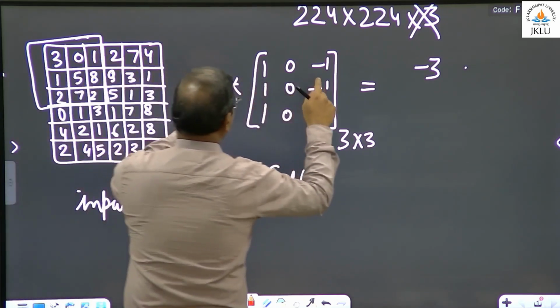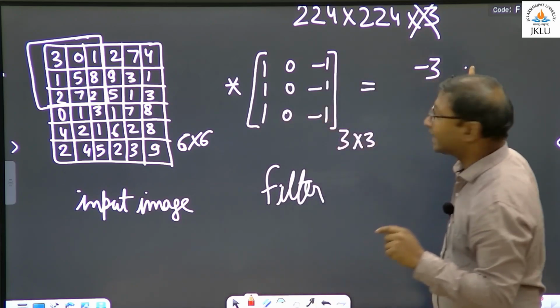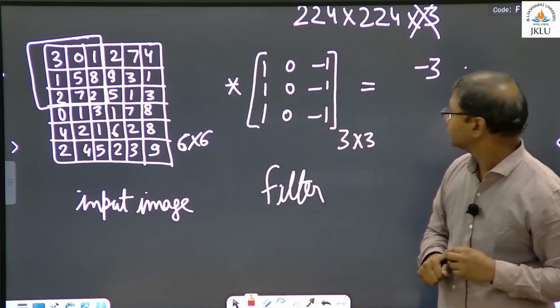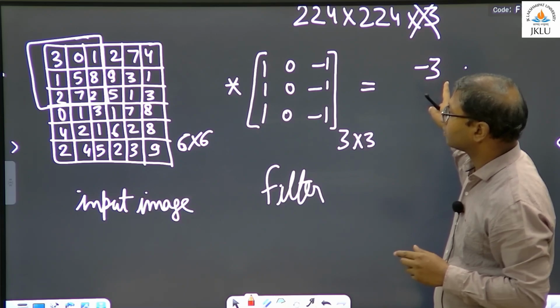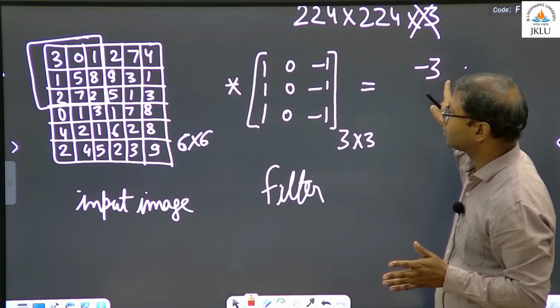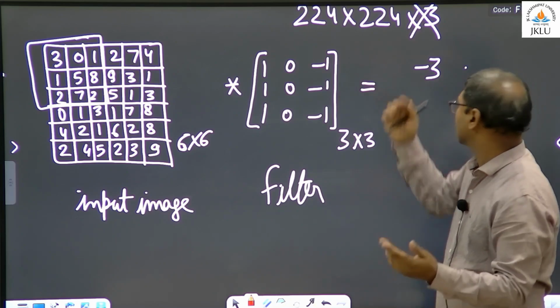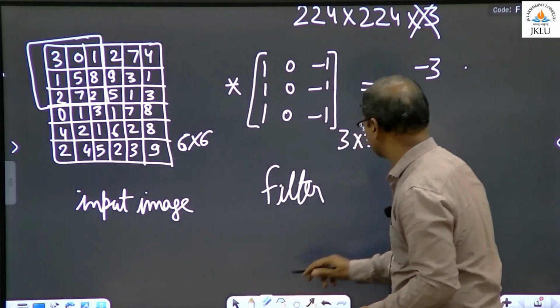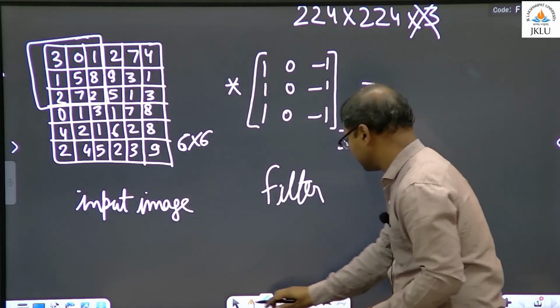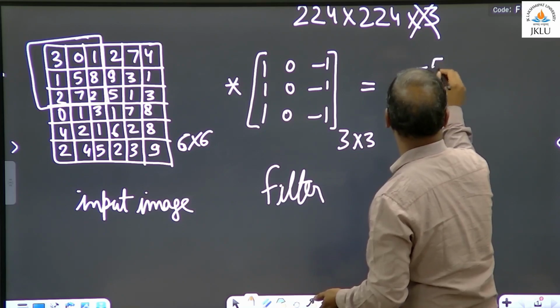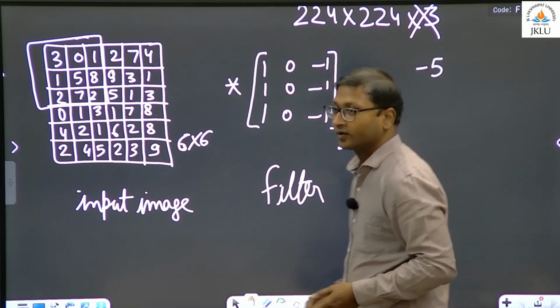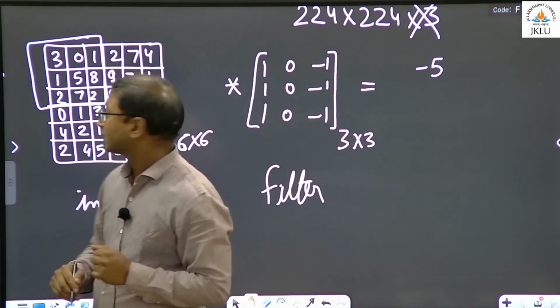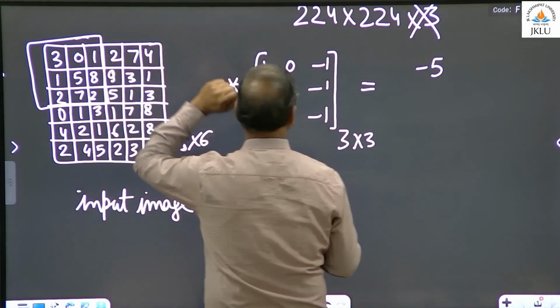Now, how will my next element come? Minus 3 is replaced by minus 5. Okay, minus 5. So what will be the next element?